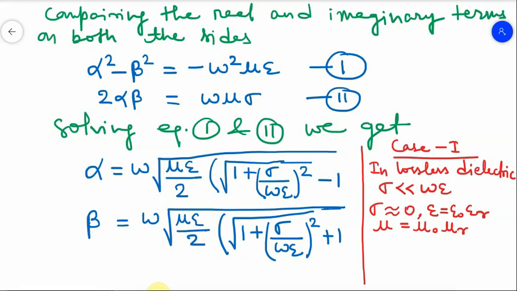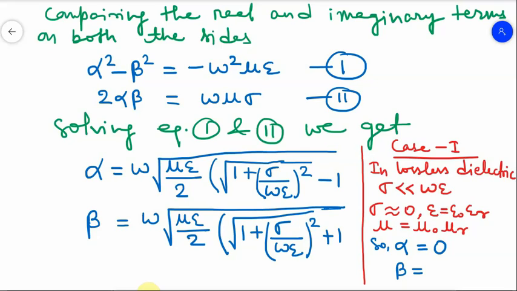So after putting these conditions in this equation, alpha will be 0, and beta will be equal to omega, and this 1 plus 1 is 2.